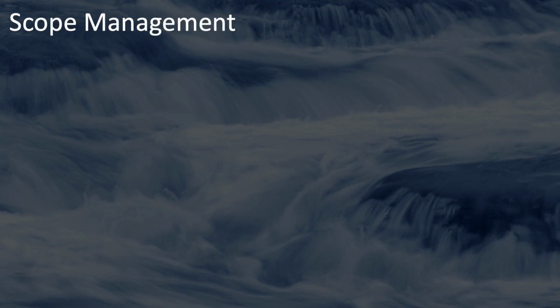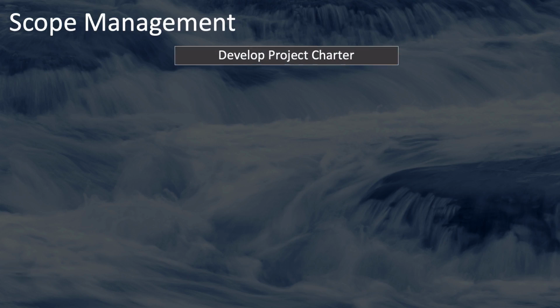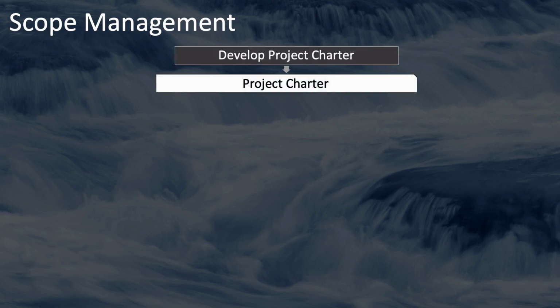Now, how about the key workflow through the scope management knowledge area? Think of all of the processes involved in scope management, particularly in planning, and what the main outputs are. First, we have the project charter as an input that is developed from the Develop Project Charter process.